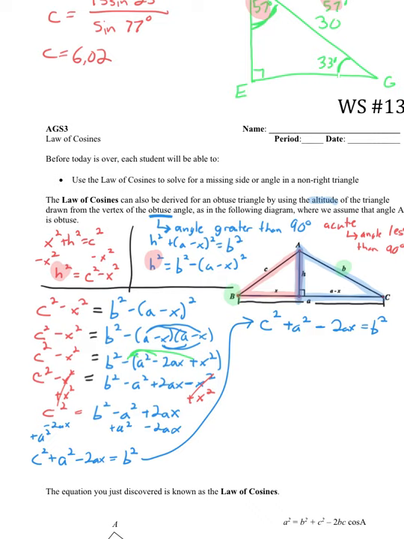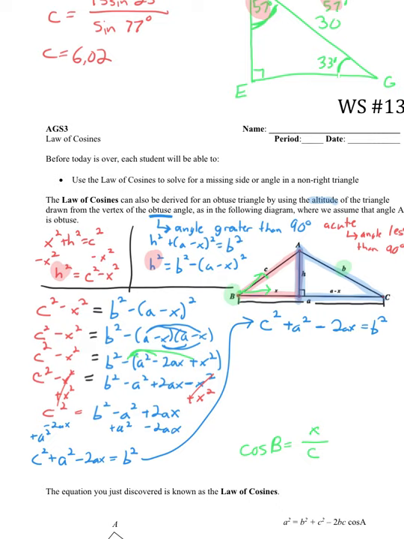Now, if I'm looking at angle B here, and I'm thinking about this from a cosine perspective, if I want to use the cosine function, I would use the adjacent side and the hypotenuse of the triangle. So I could say cosine of B equals adjacent over hypotenuse.